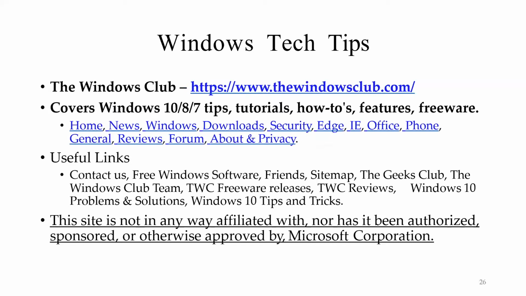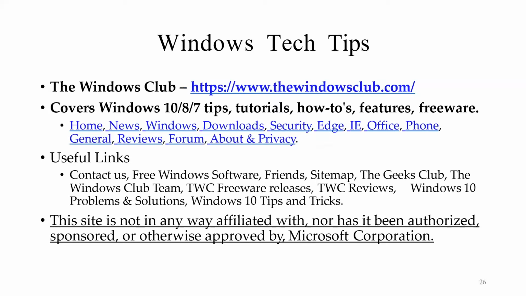Okay, so I go here, I look at stuff that I'm interested in, I find out what's going on in this world, and I pretty much do not include Windows 7 and 8 tips in the APCUG website, but I will include Windows Club tips for Windows 10.